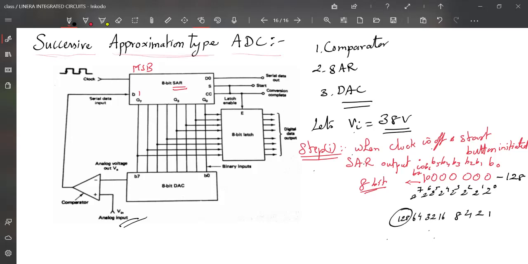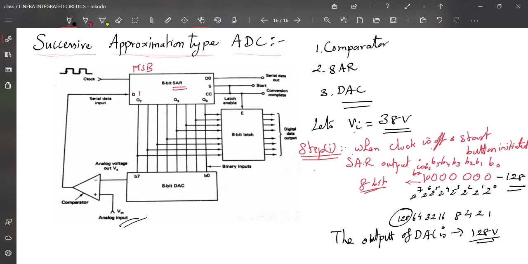The 8th bit will be 128, so the corresponding analog value will be 128. That 128 will be given to the digital to analog converter, and the output of the DAC will be 128 volt.